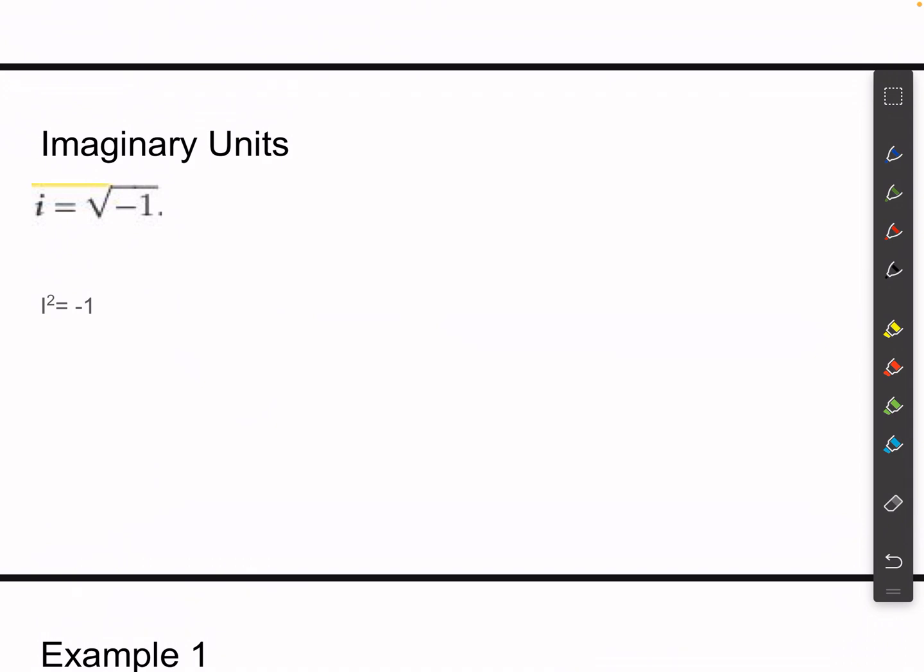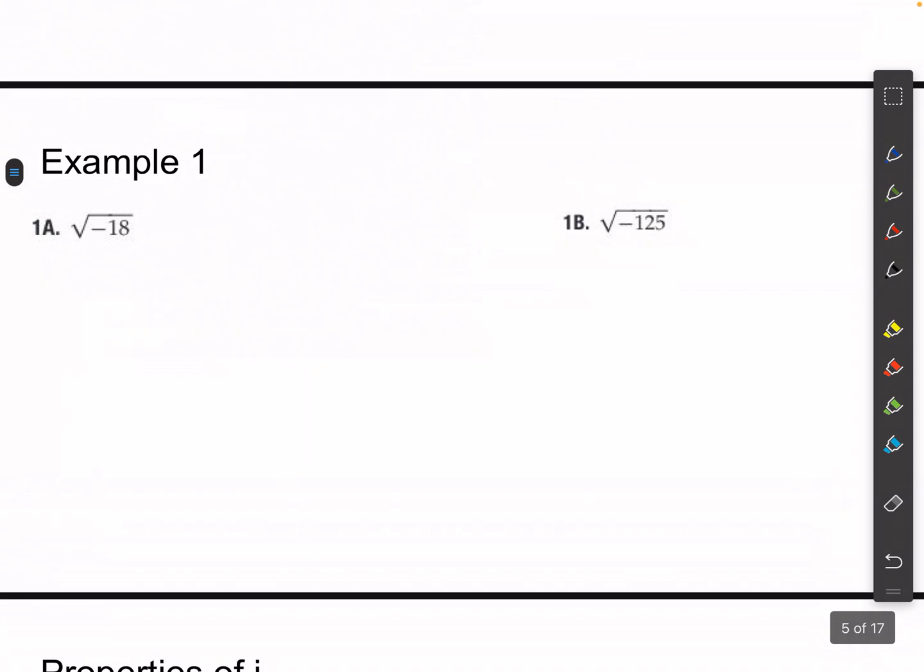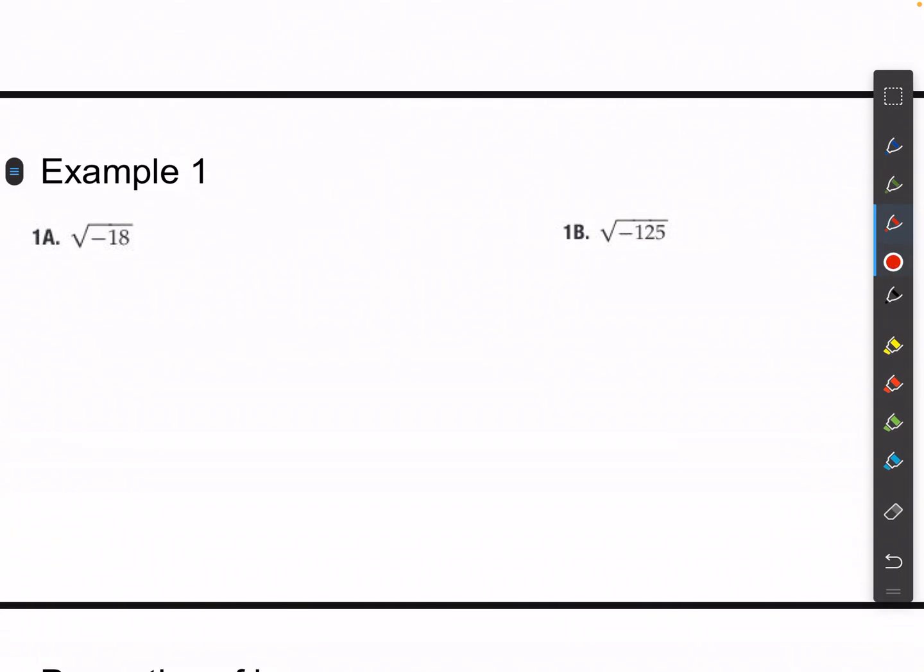So let's start off with a couple of examples. If I have something like the square root of -18, obviously you plug that into your calculator, you're going to get an error or something like that. But today, don't use a calculator, just break this down into its simplest parts. A reminder, if you have something in a radical, you have to pull out the perfect squares.